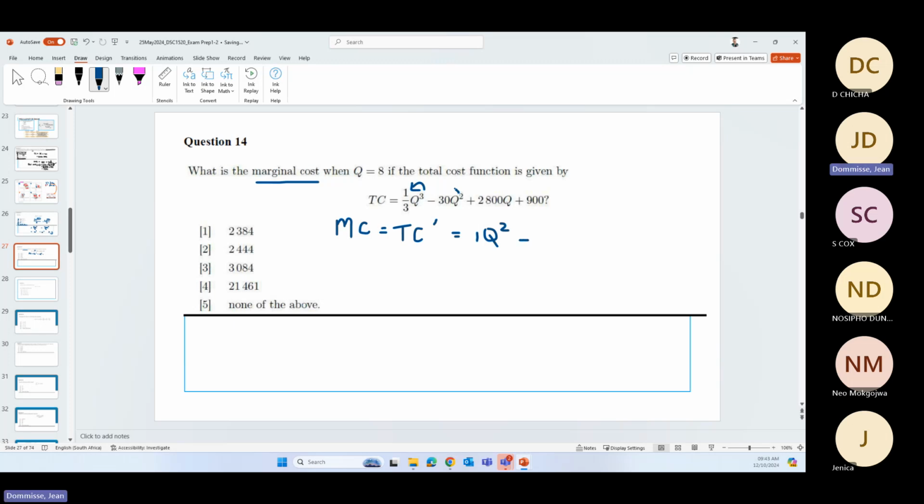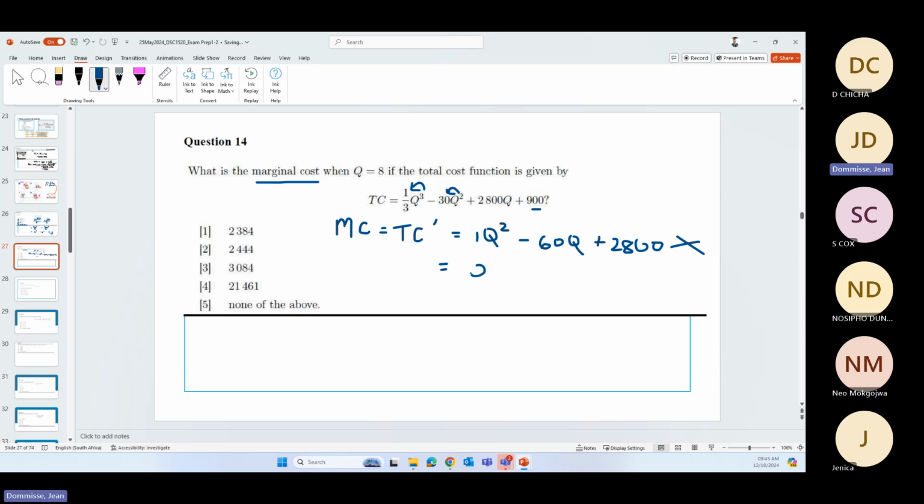Then the 2 goes to the front, so it's minus 60Q, and that will be 1 minus 1, so we will say plus 2800. And now 900, like I said, when you differentiate, the constant falls away, so that 900 will disappear.